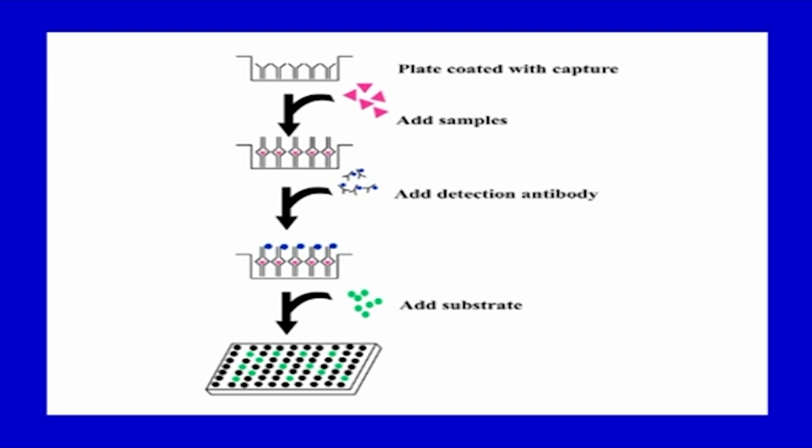Then add detection antibodies, that is the antibodies where either enzyme or other reporter is attached, and then finally substrate is added and color development takes place. This is the plate, and it could be directly read on a spectrophotometer, which can accommodate these plates. That is how the basic technique of ELISA works.